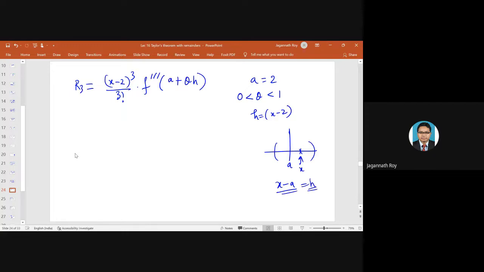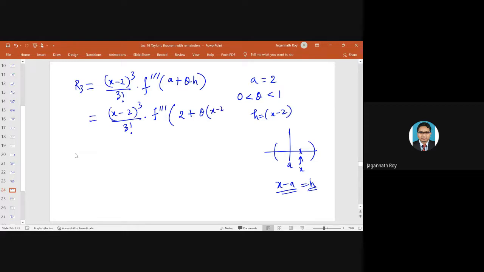Okay, so here we substitute x minus 2 cube by 3 factorial times f triple dash of a equals 2 plus theta h, where h equals x minus 2.